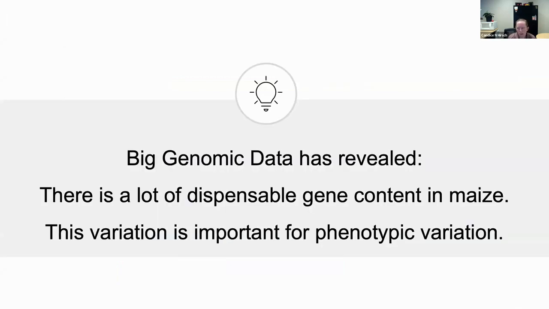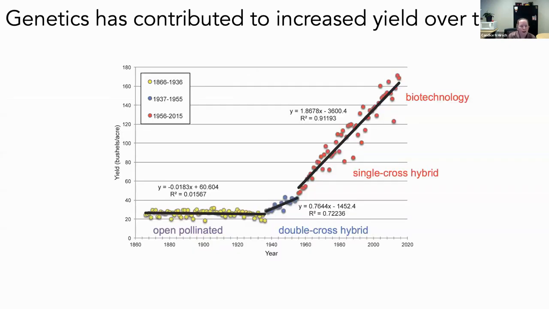So big genomic data has revealed that there is a lot of variation in the genomes of different corn varieties, and that this variation is very important for phenotypic variation that consumers care about and that we care about in terms of production. And all this variation is what's really led to yield increases over time.